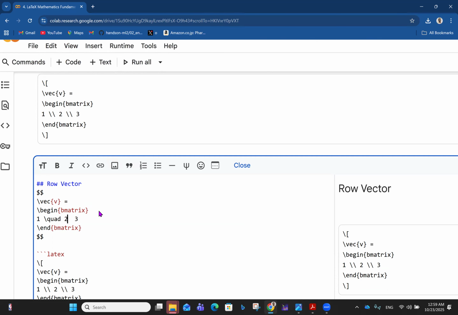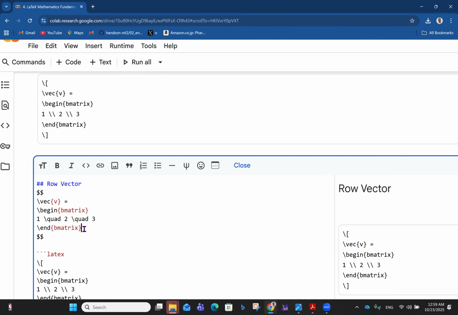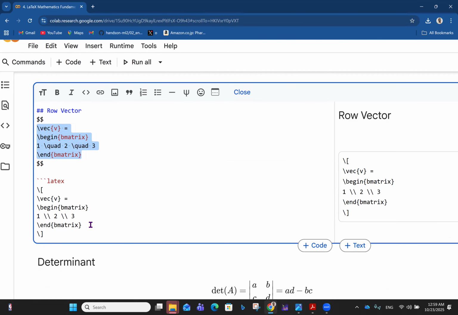Quad between 1 and 2, then quad between 2 and 3. So quad brings some spacing into that. So this is row vector now. So I have to copy the same thing between backslash open square bracket and backslash close square bracket. Okay, I mean this should come here.